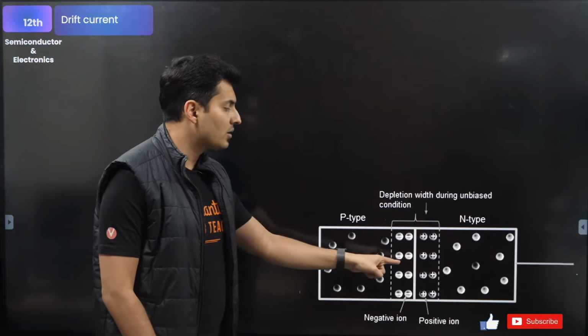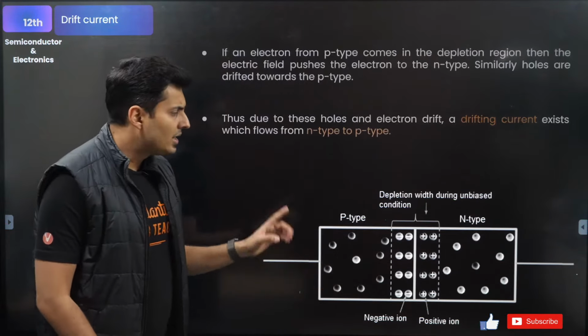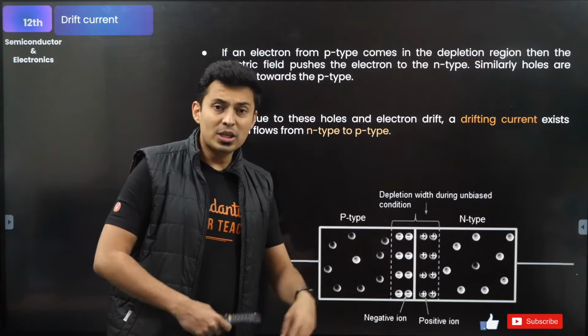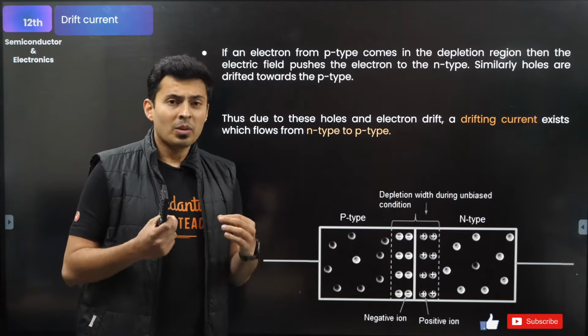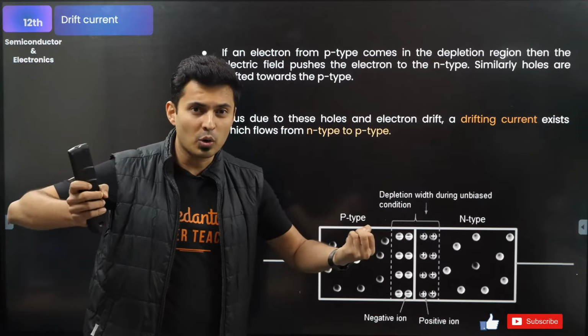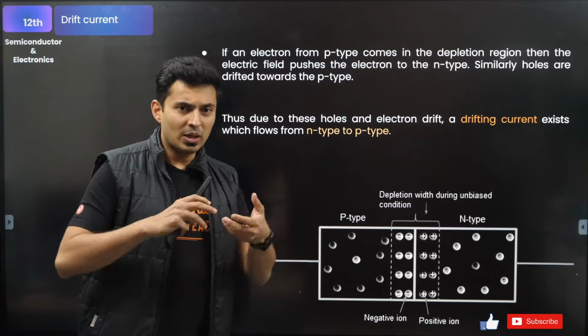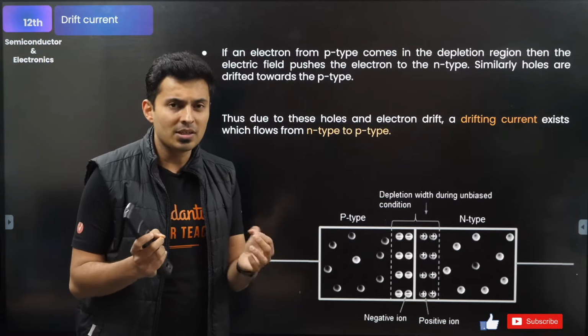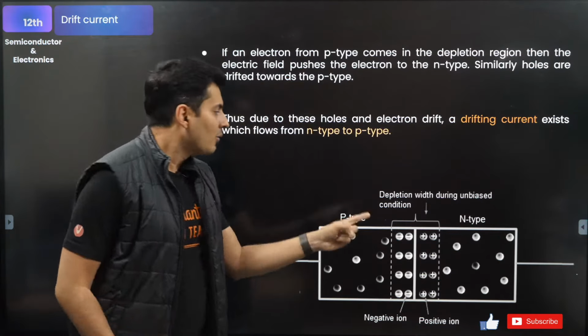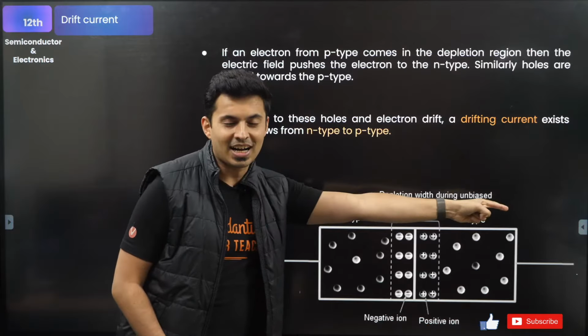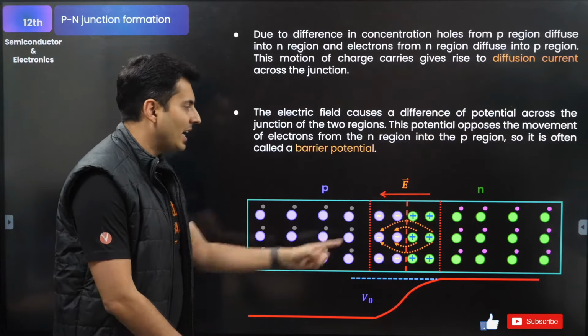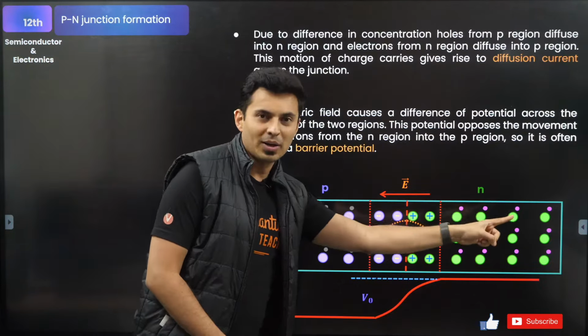Now in the depletion zone also, remember, there will be some charges which will always be formed because there will always be some bonds broken. So in this region, the moment a bond is broken between any such semiconductor atoms, those electrons which are freed will immediately experience a force towards the right side, because remember there was an electric field here, the force will be towards the right side.